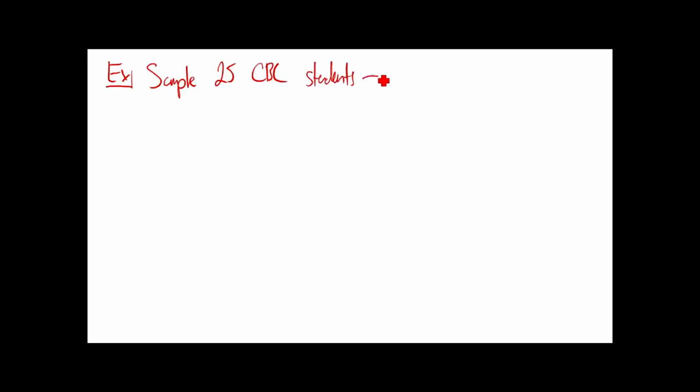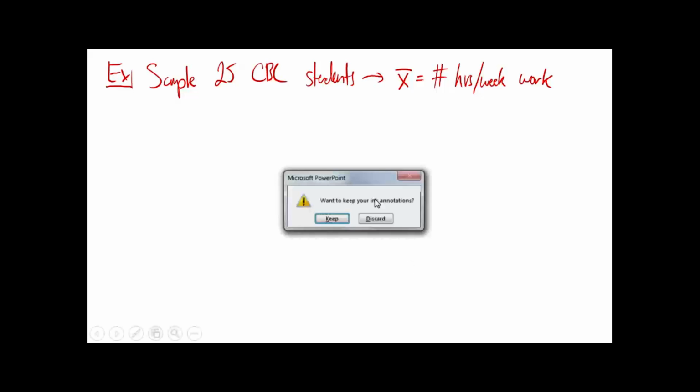What I'm interested in is the number of hours per week you work. Maybe I treat you like 25 randomly selected CBC students, which you're not, but let's say you are. Let's say somehow I picked you randomly, and I want to observe how many hours per week people work.